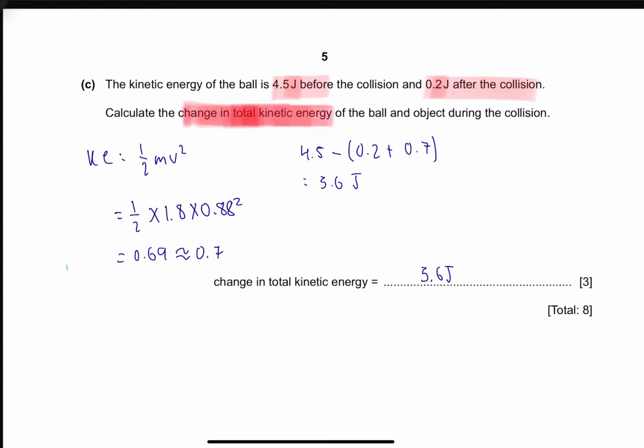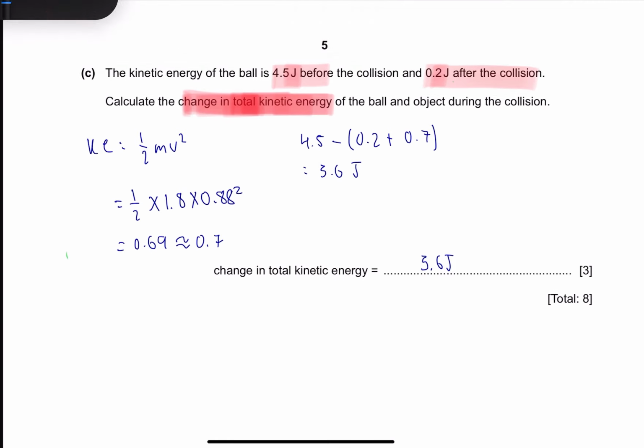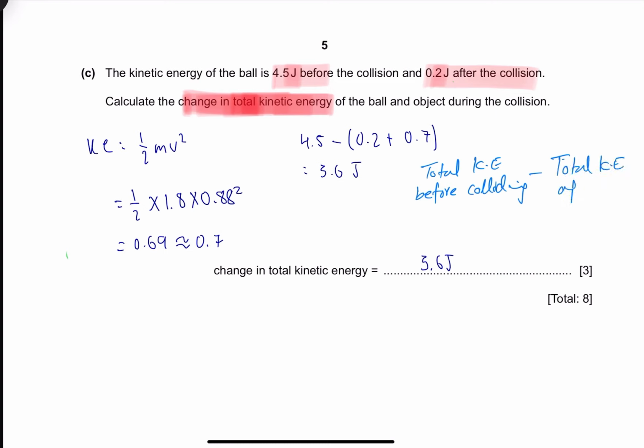You have to find the change in total kinetic energy of the object during the collision. So total kinetic energy before colliding minus total kinetic energy after colliding. Okay, that is how we can find the change.